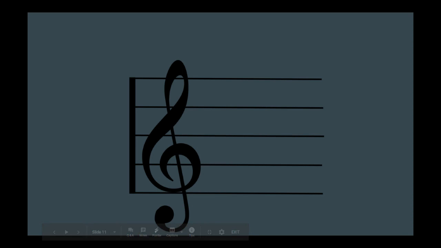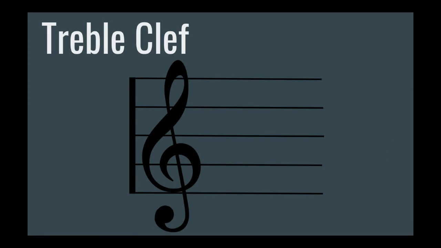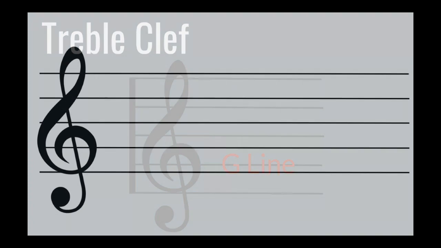All right, just to review, we have our clef here that we know is our treble clef. And last time in class, we talked about how the second line of the treble clef was the G line on the staff. That's going to be important today when we are discovering the notes on the staff using the treble clef.